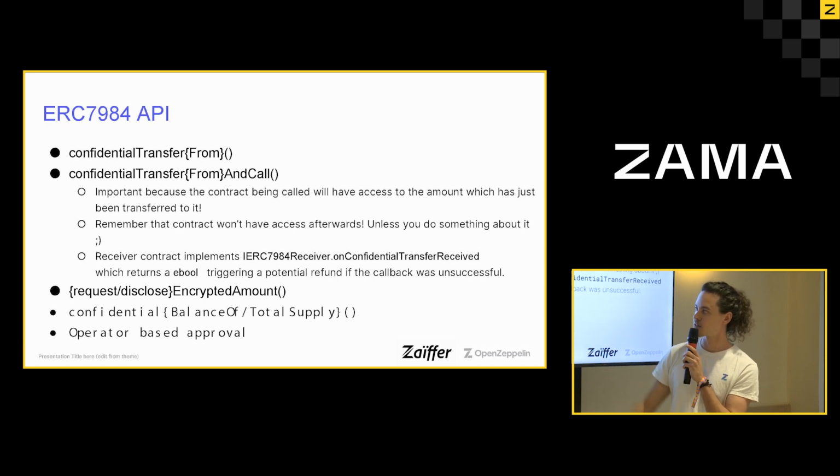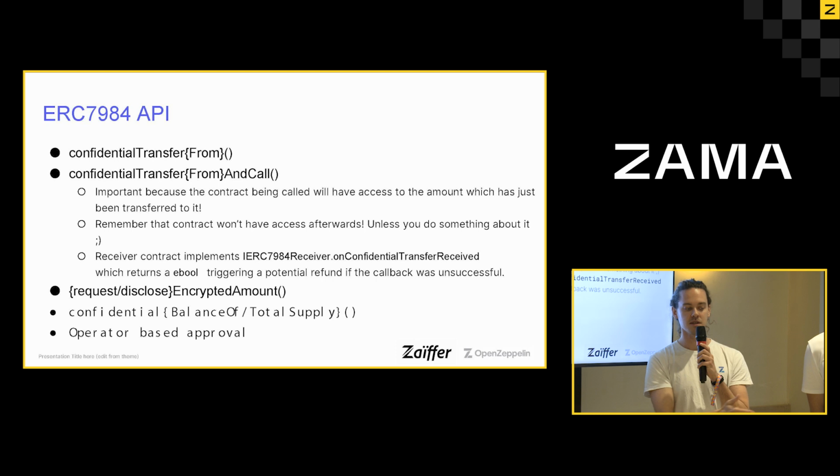And then there are the request and disclose encrypted amount functions. So these are two separate functions. Basically, if you are allowed to see that encrypted value, you can request that the FHEVM creates a proof of what that value is, and then you can disclose it, or you take that proof and you put it on chain and you prove to the whole world that this encrypted value equals this plain text value.